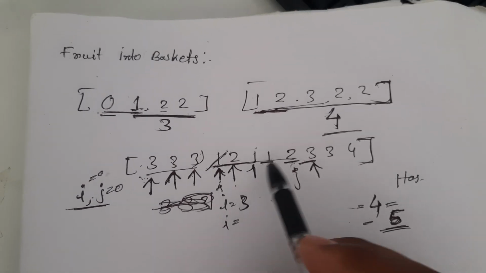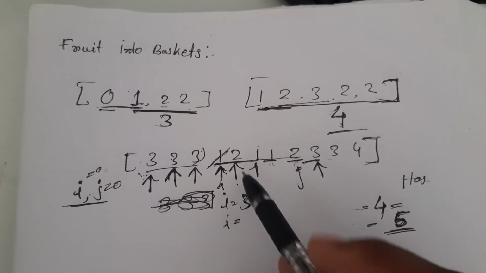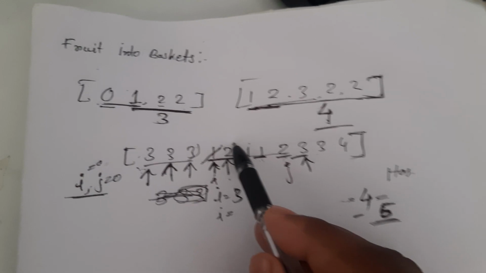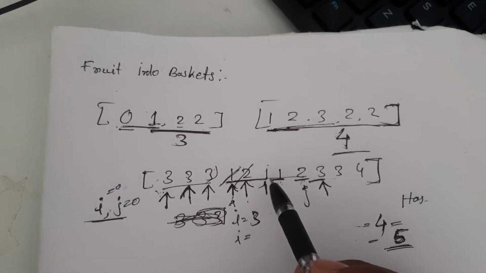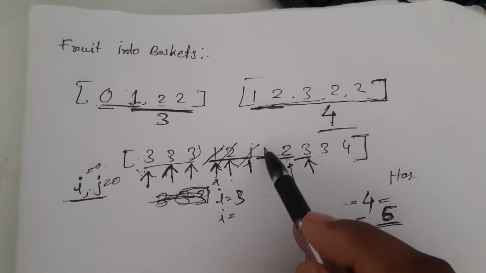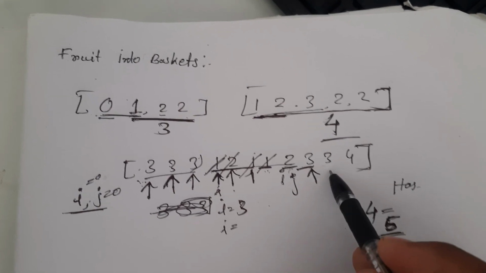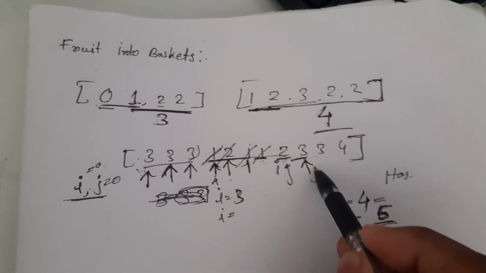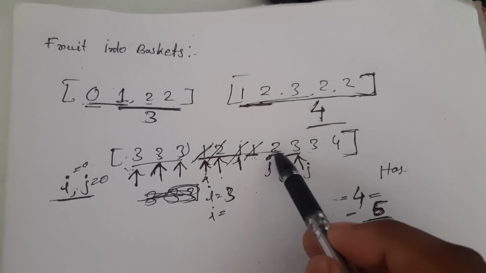But after removing that as well, the distinct count is again 3, so we remove the 2 as well. Even after removing 2 we still get 3 distinct elements, 1, 2 and 3, so we again remove 1. After that i will be here and j will be here, and in that position we have 2 distinct elements, 2 and 3.